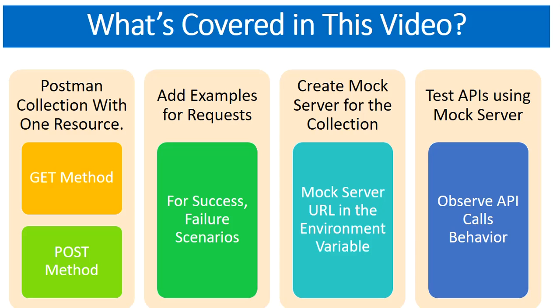We will see how we can test all of the endpoints that we have mocked, and we will observe the behavior based on different inputs. We will also see how, for the post method, we can do pattern matching of the body of the request as well, so that only when the body of the request matches should it return a success, otherwise it should return a failure.